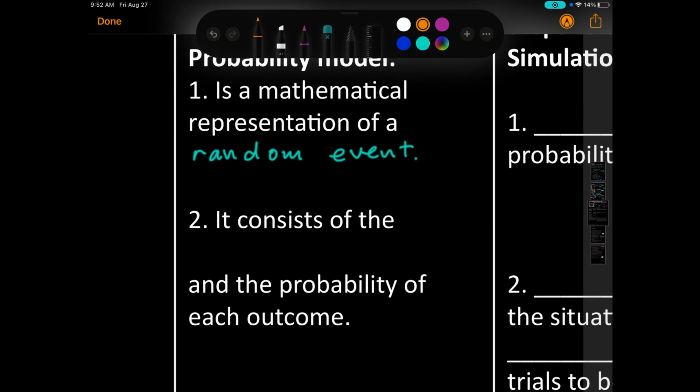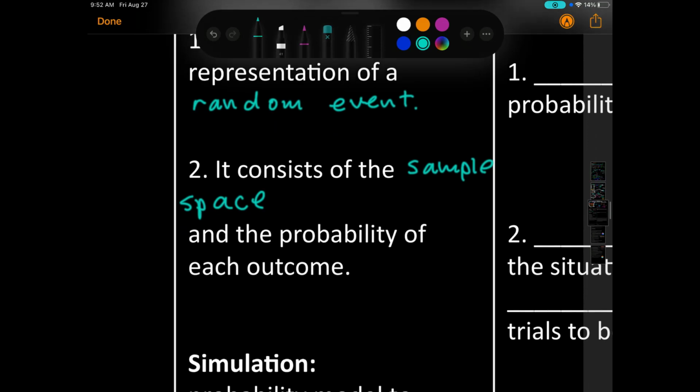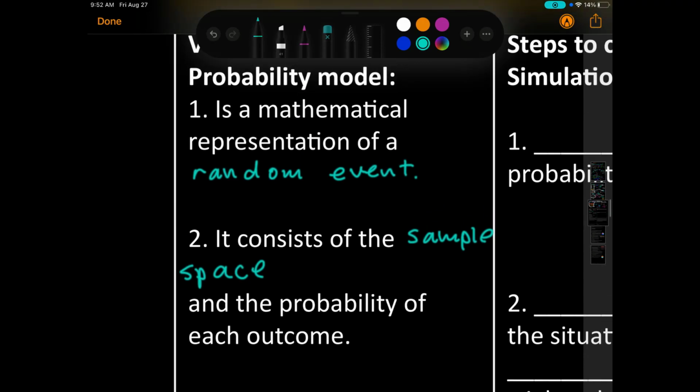That's like a probability model, something that happens. And it consists of the sample space and the probability of each outcome. Okay? So what's the probability model that you get in, the likelihood that you get into a really good university, like say UCI?